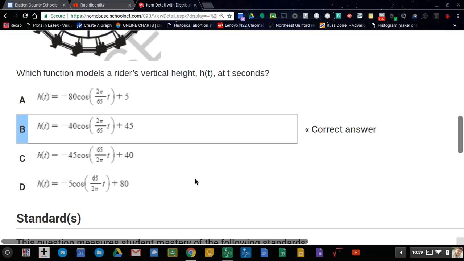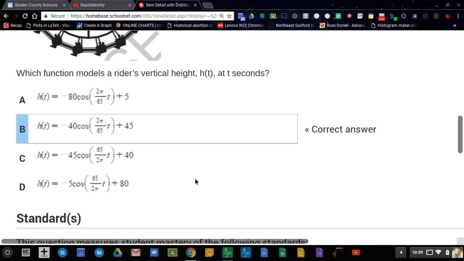Look at D. You're going to be getting on that thing in the sky. That's not 5 feet above the ground. When you've shifted that function 80 units up with an amplitude of 5, do you see what I'm saying?